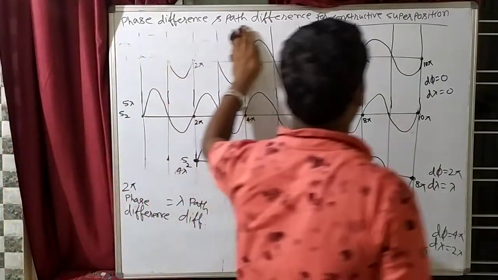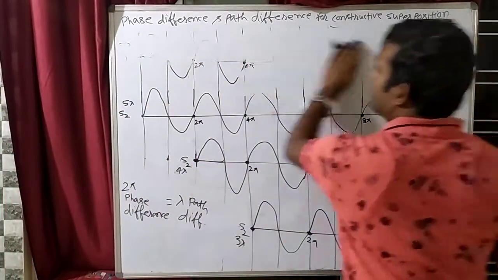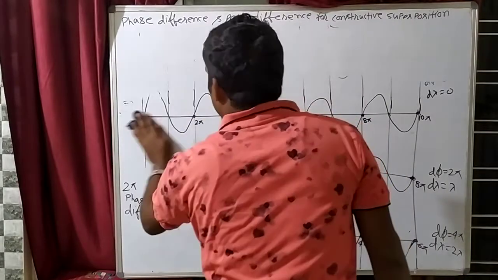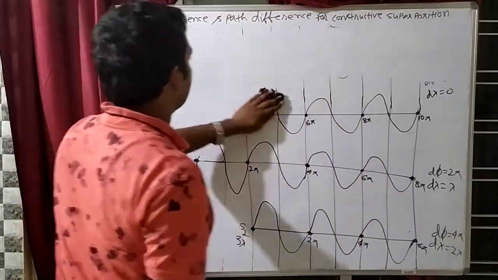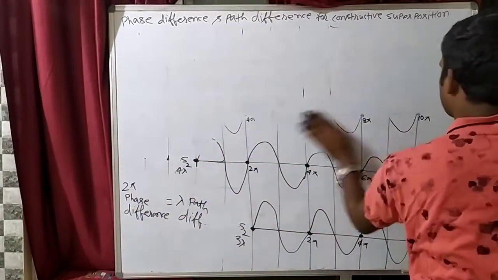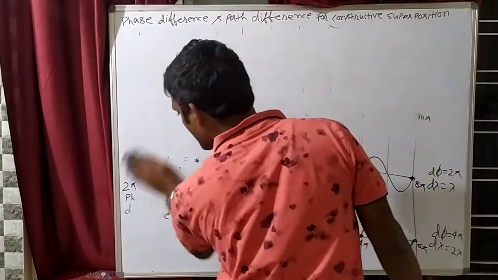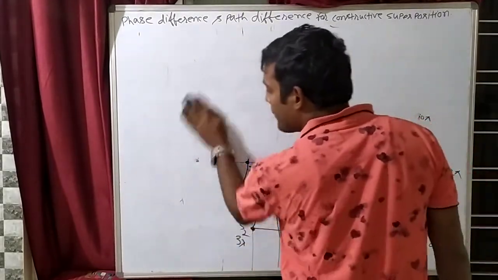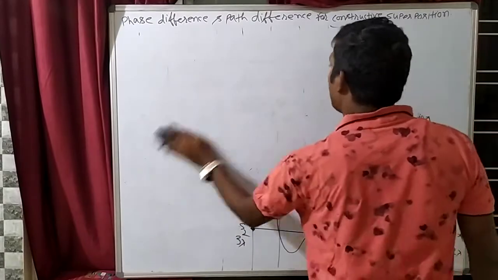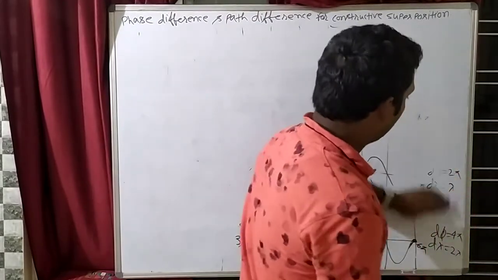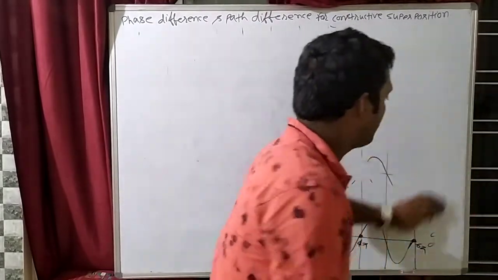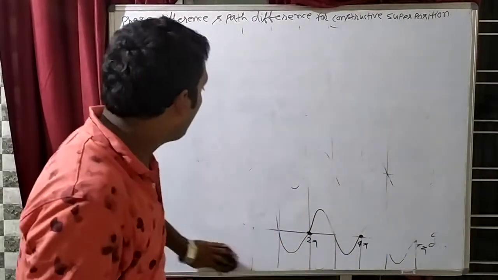I am having this one because I have no space. So make this diagram just for understanding purpose. So 2 pi phase difference is equal to lambda path difference. What we have understood? 2 pi phase difference is equal to lambda path difference.